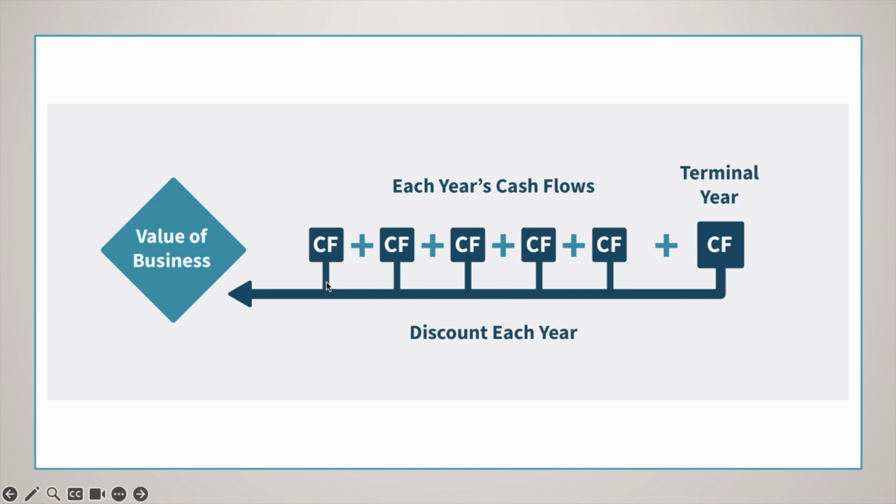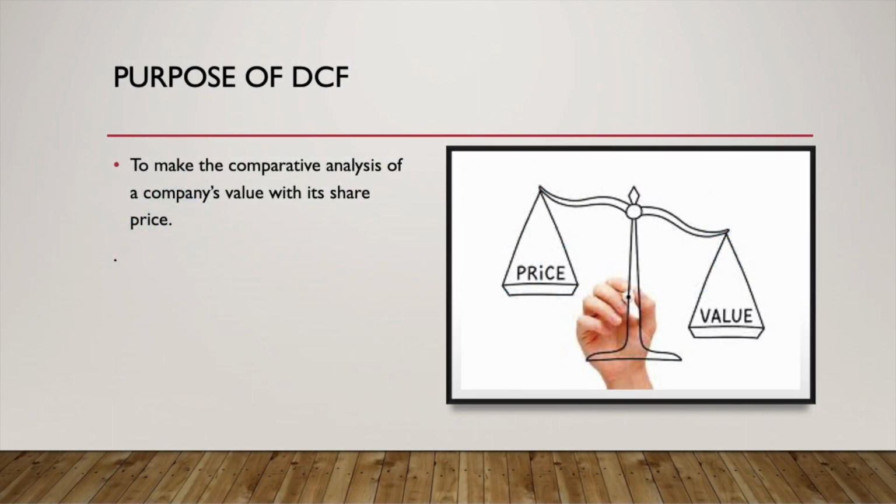So what DCF would do is discount the forecasted cash flows of the company to the present day, and then it will give us a total value, which would be the value of the business. After getting the value, we will simply divide the total value by the number of outstanding shares, which will give us the price of an individual share.